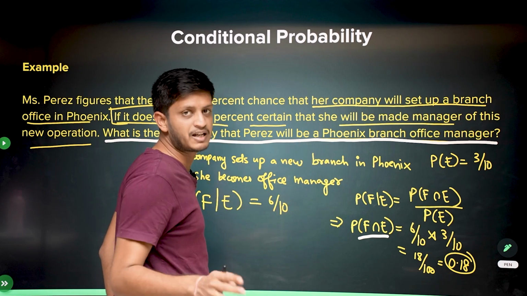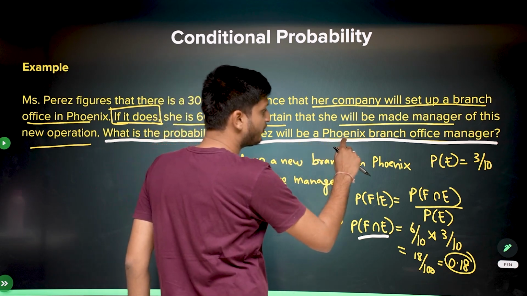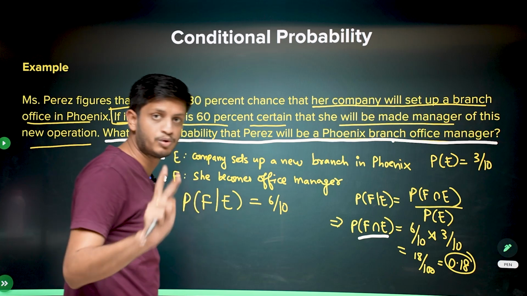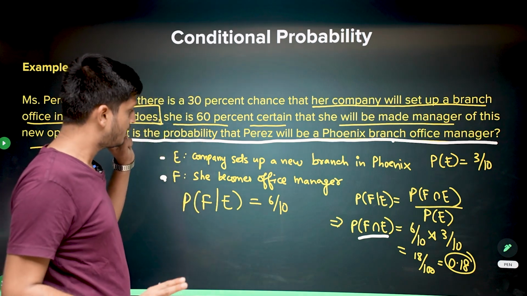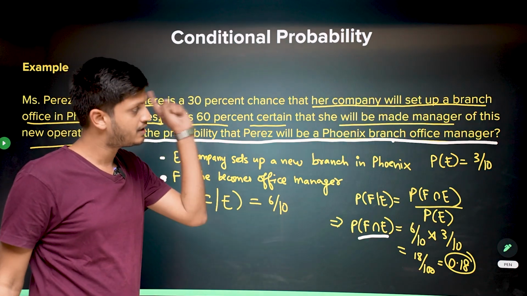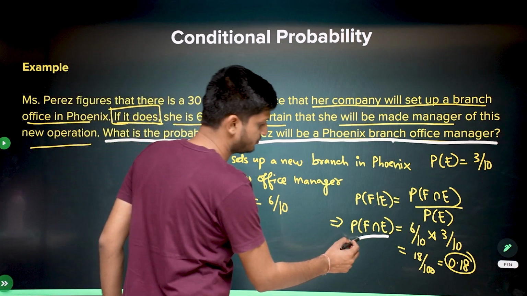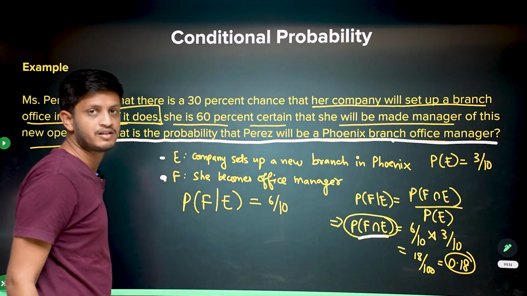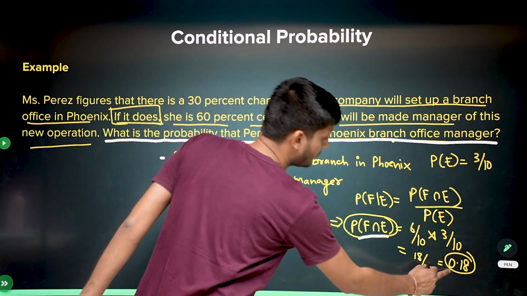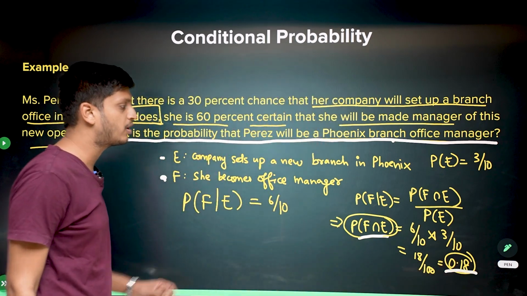It is not saying any manager. It is saying Perez will be Phoenix branch office manager. It means that both events happened. Company has set up a new branch in Phoenix and she became the manager. So actually we wanted this only. And this is what we have calculated, 0.18. Okay, I hope you got it.